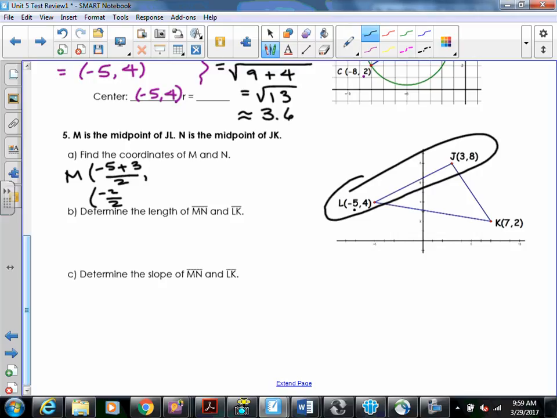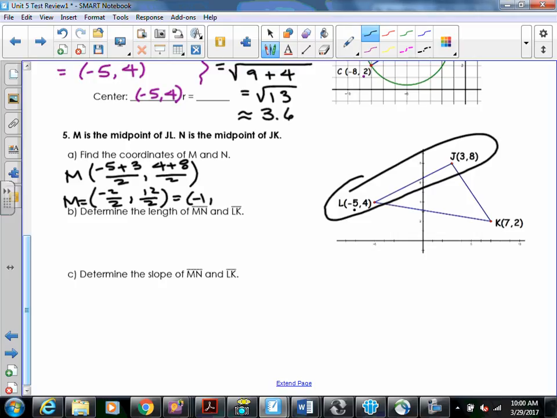Then to get the y part of that, you're adding the y's. So that's going to be 4 plus 8. So 12 divided by 2. All right, so to get your coordinate for M, -2 divided by 2 is what? 1. What kind of 1? Negative.